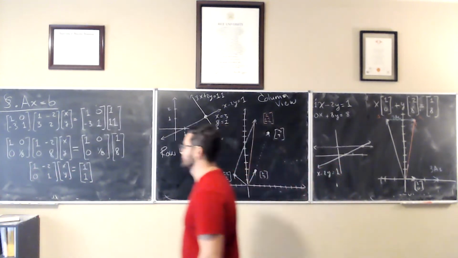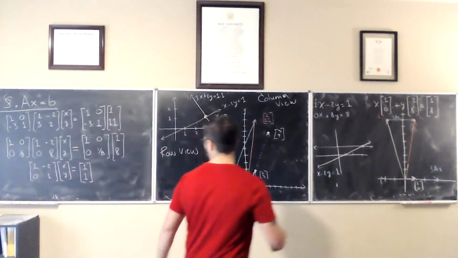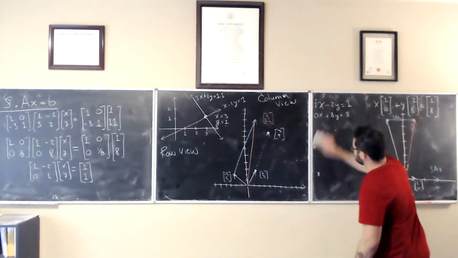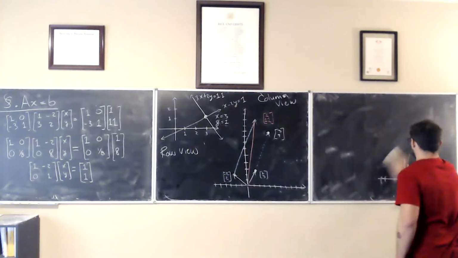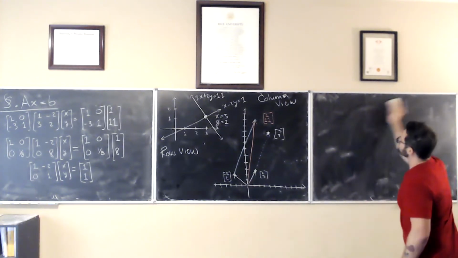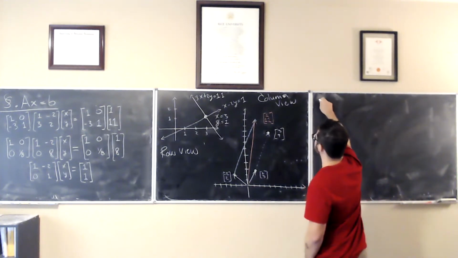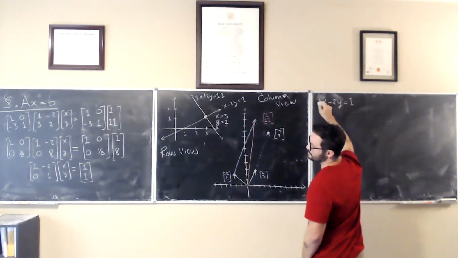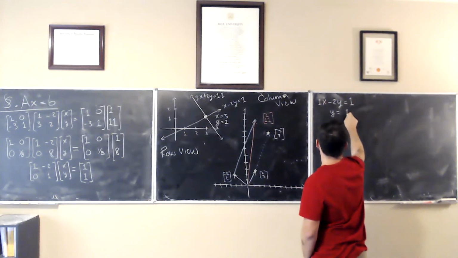So what does the picture look like now? The row picture is 1 times x minus 2y is equal to 1, and y is equal to 1.